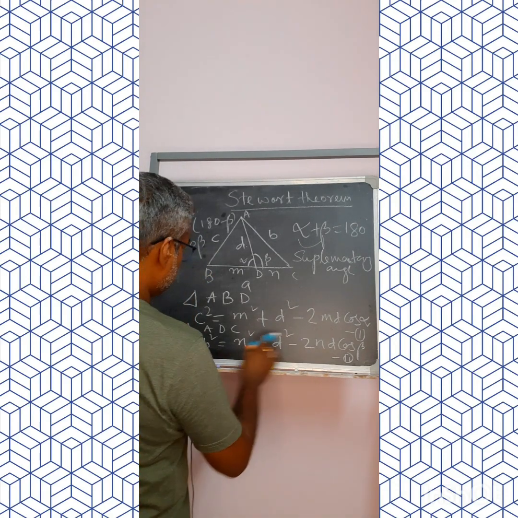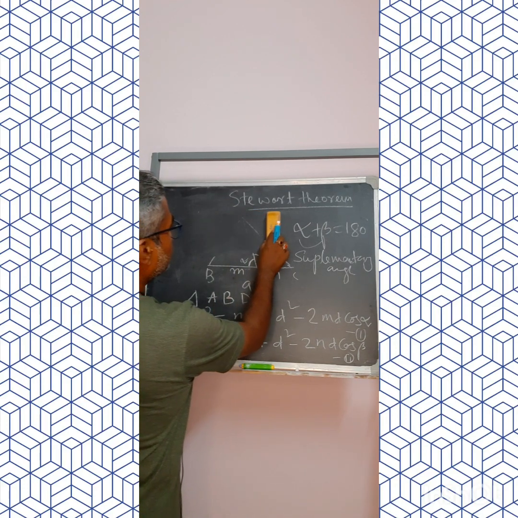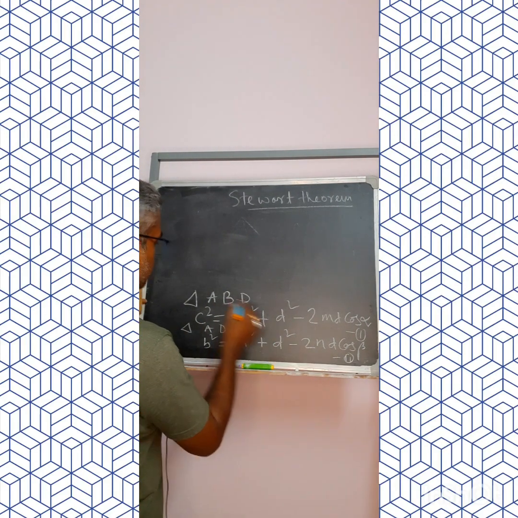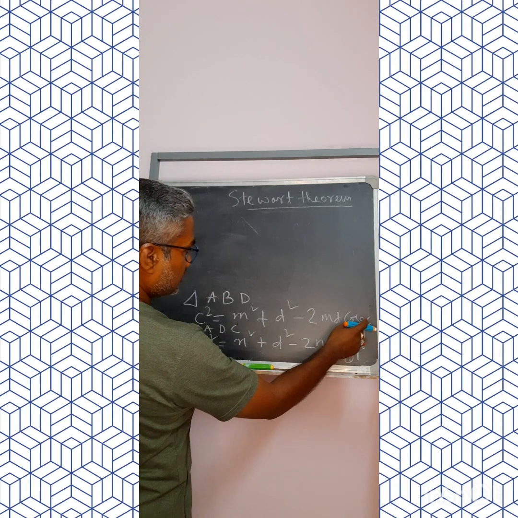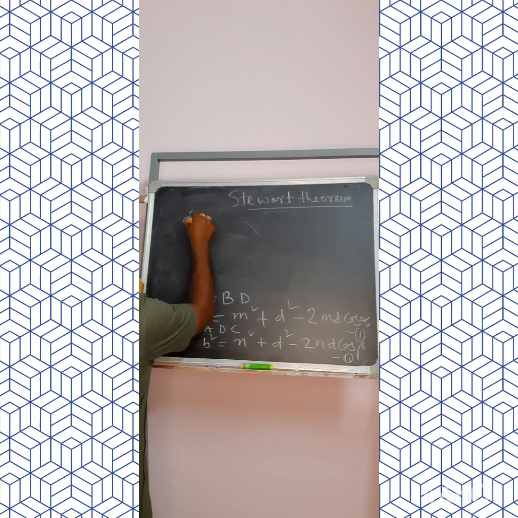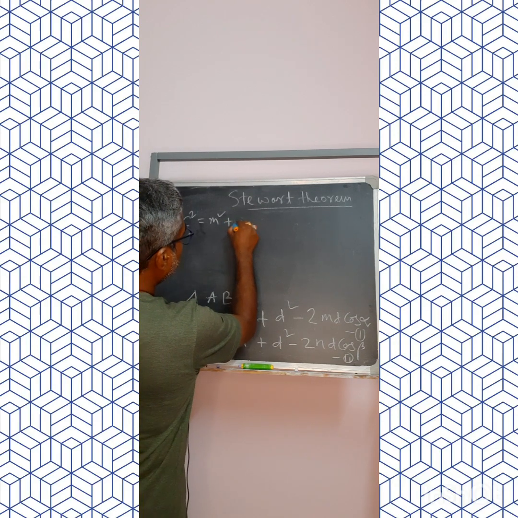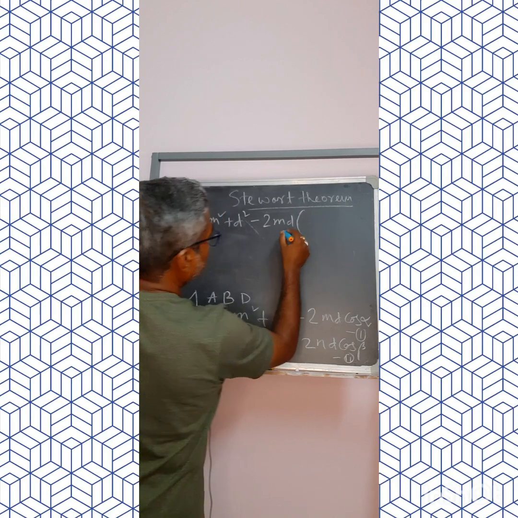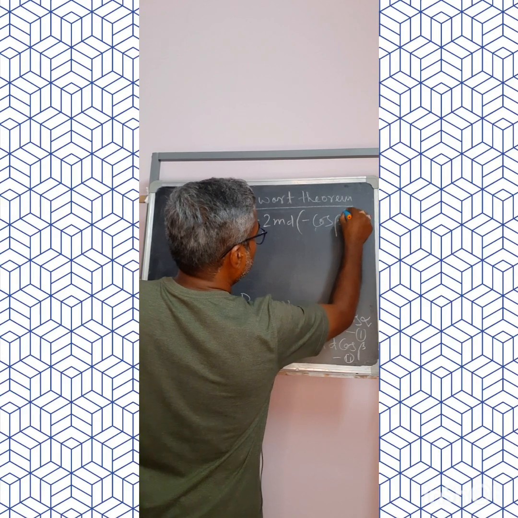So using this in that equation, let me rub the part on the top. The first equation will be as it is. Now I replace cos alpha by minus cos beta in the first equation. So it will give c square is equal to m square plus d square minus 2m into d, and in place of cos alpha I will put minus cos beta.